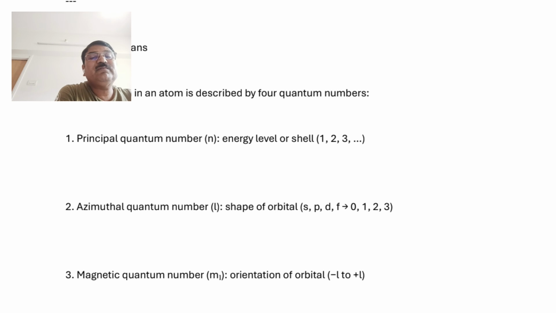In the principal quantum number, energy level is never 0. It is 1, 2, 3. And the azimuthal quantum number is s, p, d and f, which numerically starts with 0, 1, 2, 3.